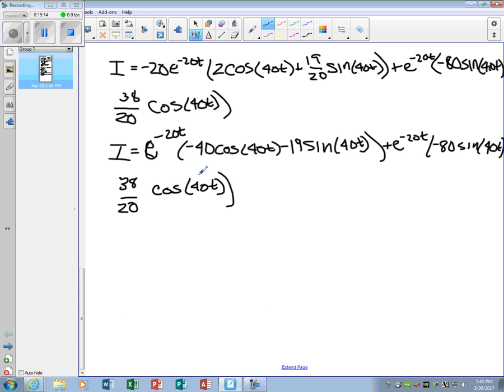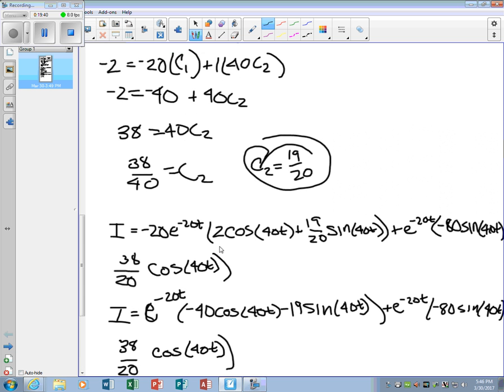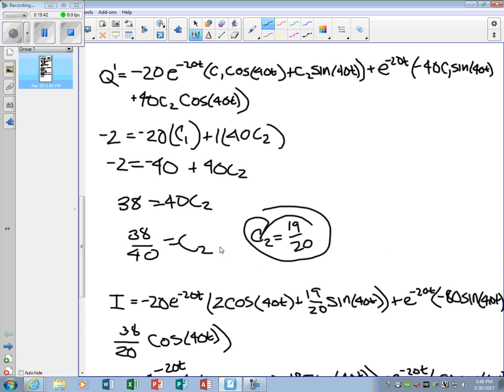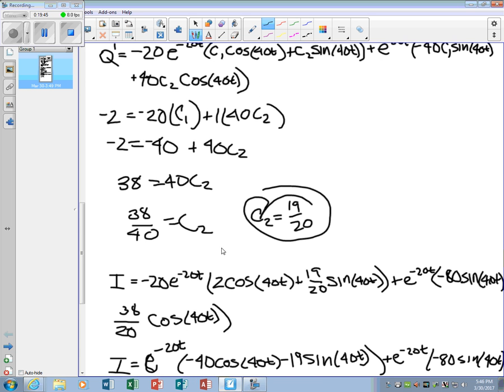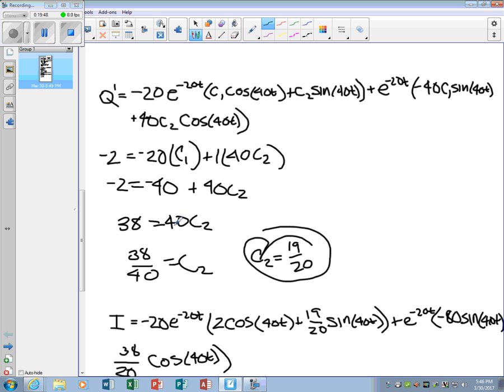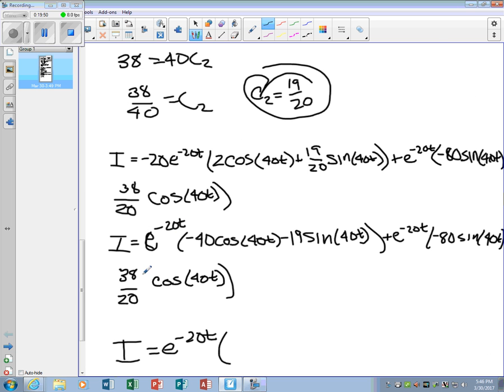So we go through all this and we combine it all. It actually comes out really nice, and I'm just going to leave it in this kind of form. Actually this is just 38.